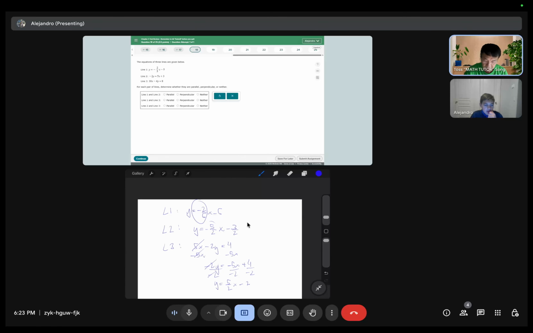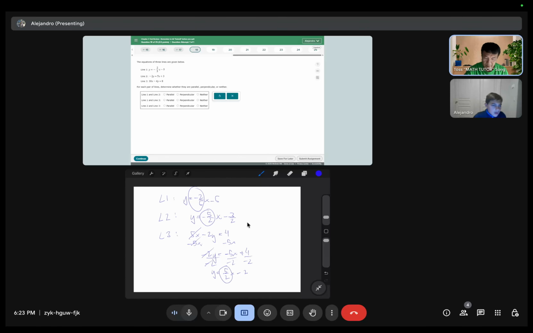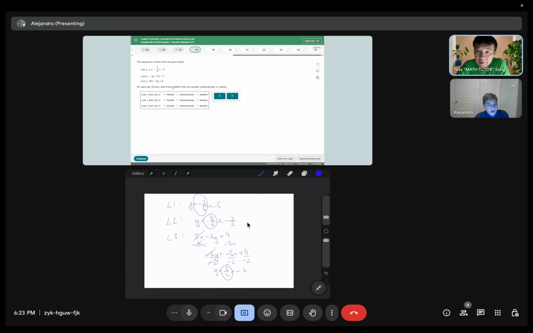Okay, now let's start answering the questions. Right, let's see. 1 and 2. What do you think? I think 1 and 2, it's neither. Yes, it's neither because the sign has to be opposite. So they're trying to trick you. And 1 and 3 would be perpendicular.